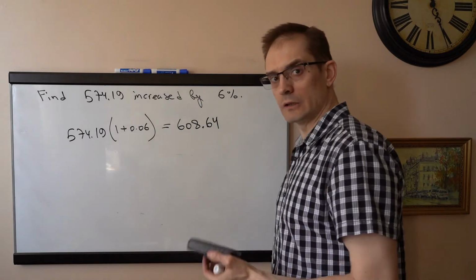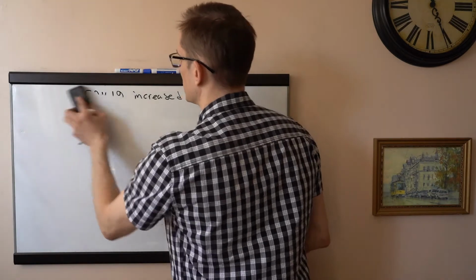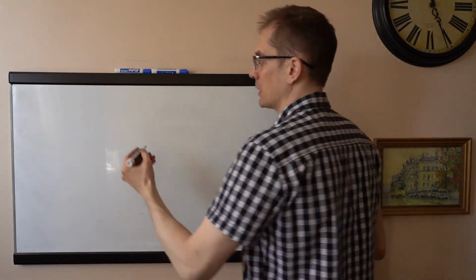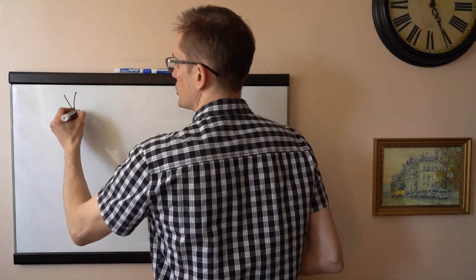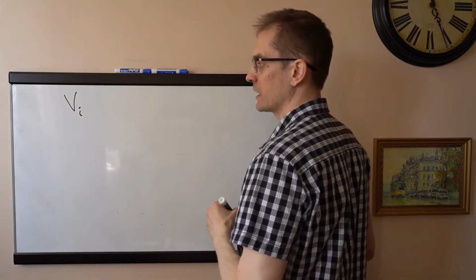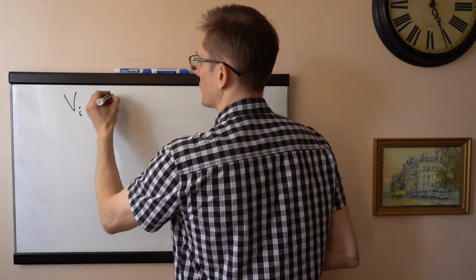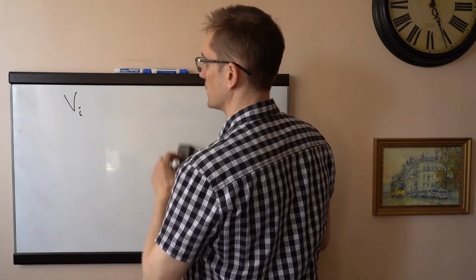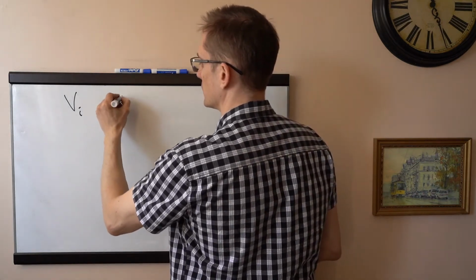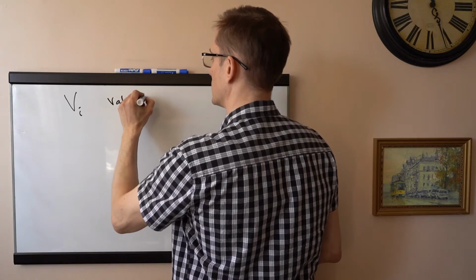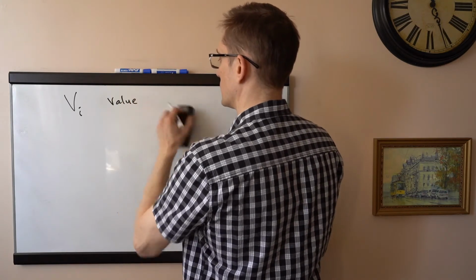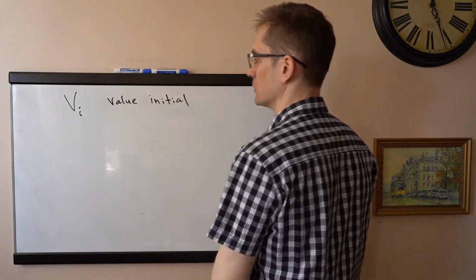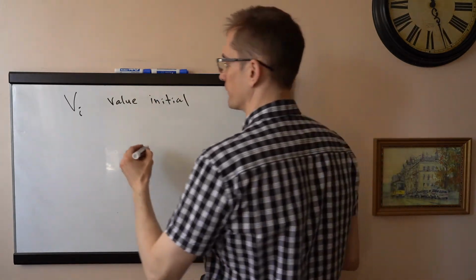Okay, so now let me just put it all in a formula. Let's say we can speak about the original amount that we are increasing as VI. This stands for value initial, so your starting value.